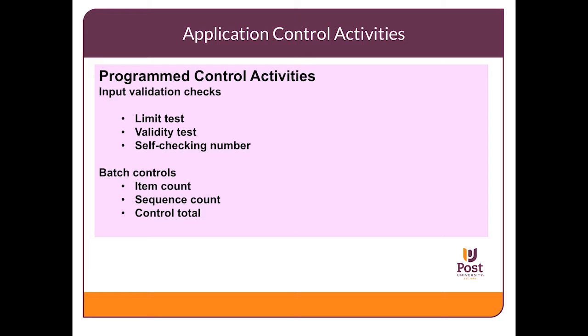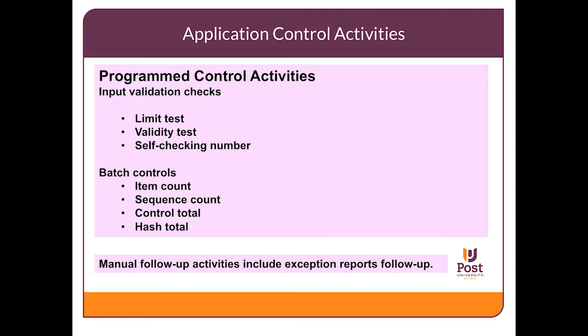Control total, the total of a field for all items in a batch. And the hash total, a total of a field in the batch that is meaningless. We'll show an example of batch controls on the following slide. Manual follow-up activities include exception reports for follow-up.